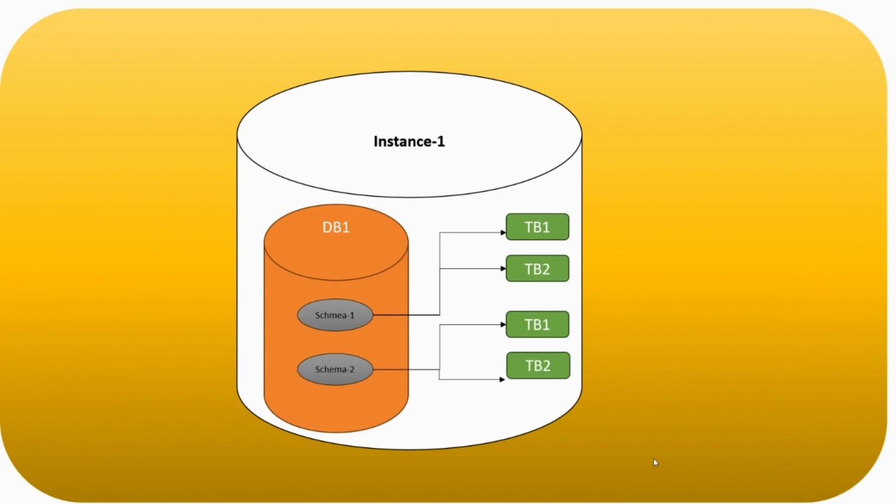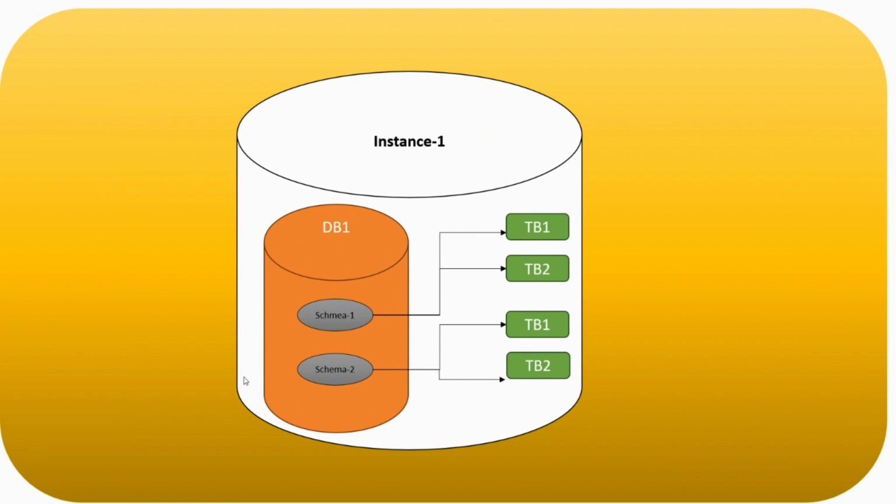As we discussed, instance is nothing but a server level. Inside the instance, we will have a database, DB1. Inside the database, we have schemas: schema 1, schema 2, n number of schemas. Schema is nothing but a kind of grouping. As of now, consider schema a kind of grouping.